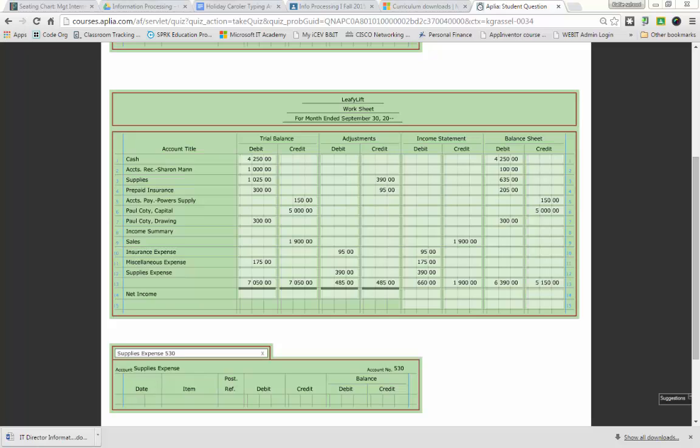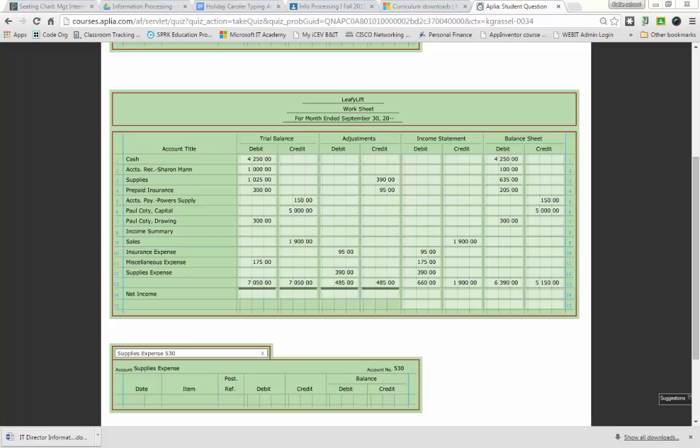The expenses for the same length of time is $660. So therefore, our revenue is greater than our expenses. We have a net income. How much is our net income? $1,240. How did you find that? Subtracting the debits from the credits. Does that make sense? We just subtracted the difference between those two, and that gives us our net income.